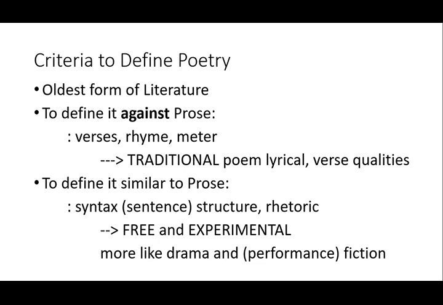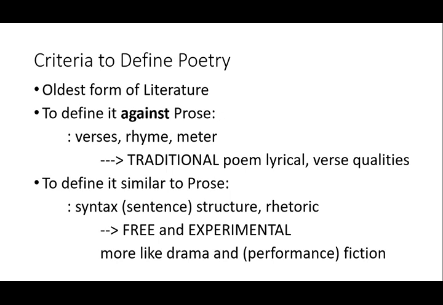Now, if you write modern poetry, usually you don't really care about how long your verse is, what rules your verses use, or what kind of rules you use for the rhyme or the meter, because you want to focus on the meaning of a poetry.